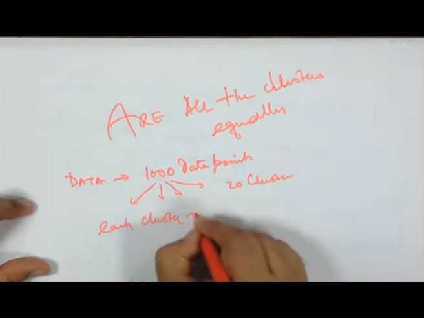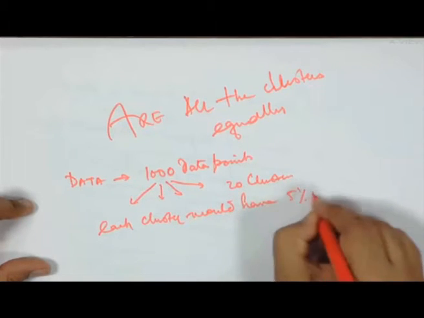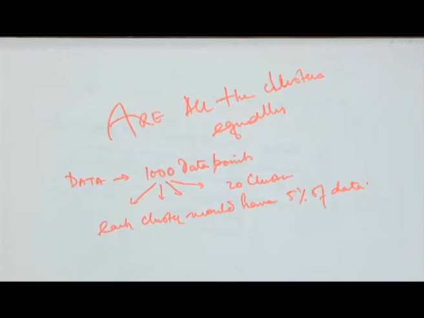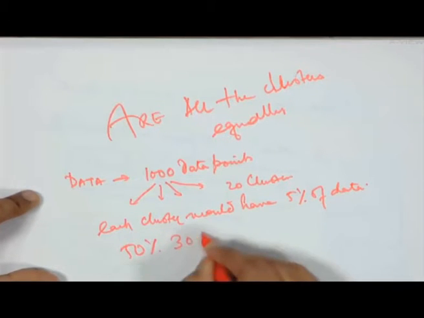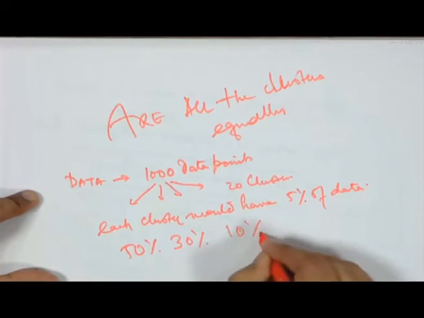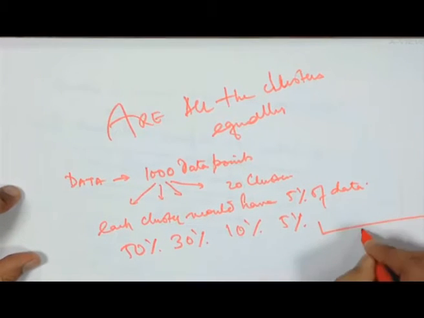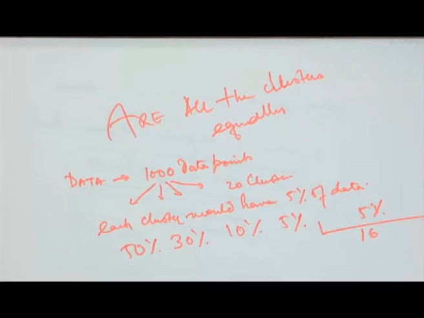5% of data. However, if it happens that the first cluster has 50%, the second cluster has 30%, the third cluster has 10%, and the fourth cluster has 5%, while the next 16 clusters have 5% together, that means most of the data points are falling within the first 4 clusters.